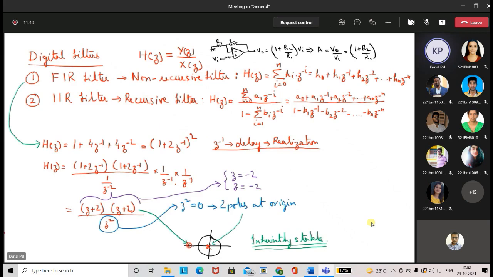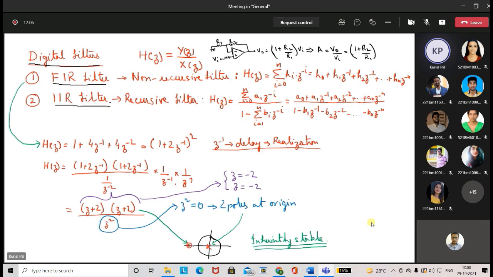Now coming to the digital filters, as I told you, there are two types of filters: one is the FIR filter and the other is the IIR filter.